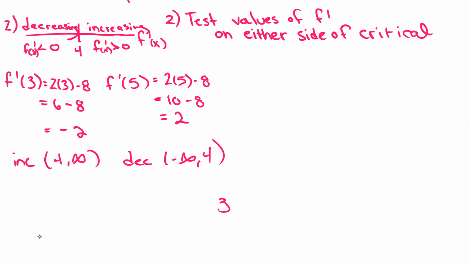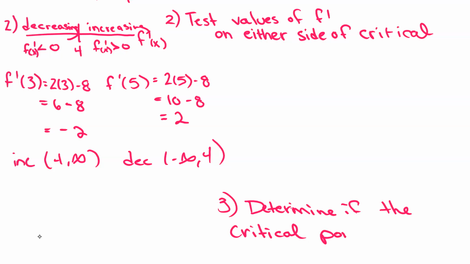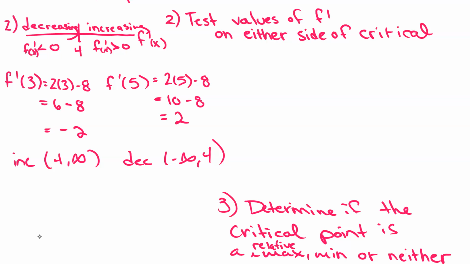All right, so now we have to determine if the critical point is a max, a min, or neither. I should add here that we're talking about relative max, relative min, or neither.